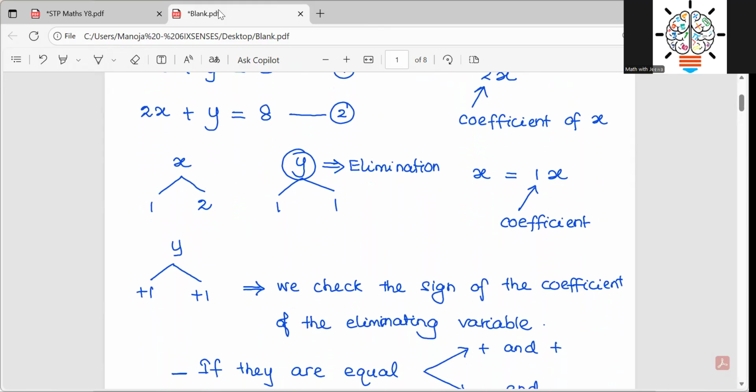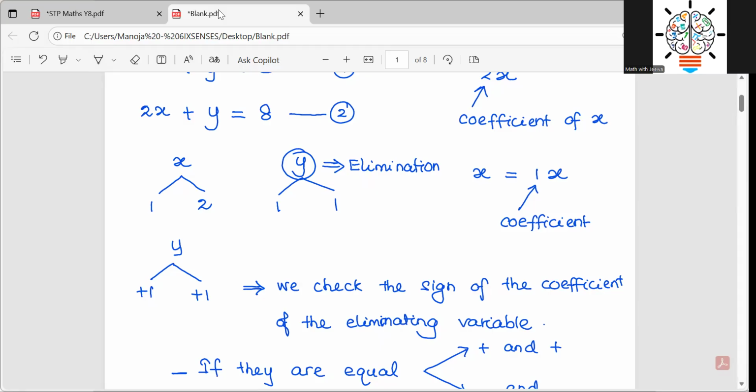When you come across the same coefficient, we decide to eliminate that letter. If both letters have the same coefficients, you decide which will be eliminated. You can pick one of them. Here we can select y because y has 1 and 1, the same coefficient.